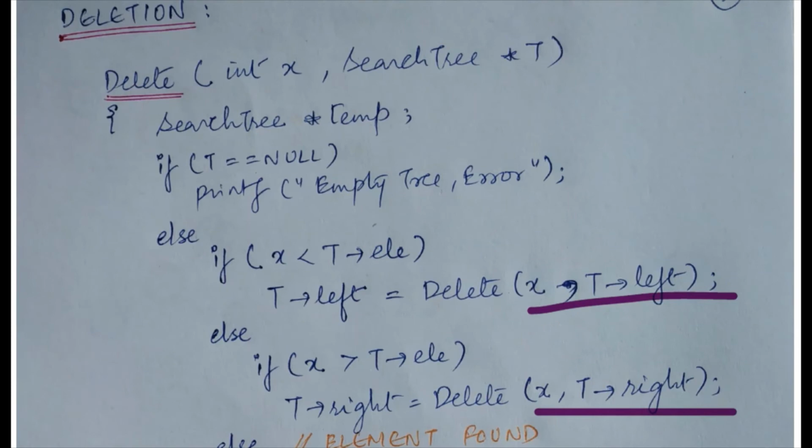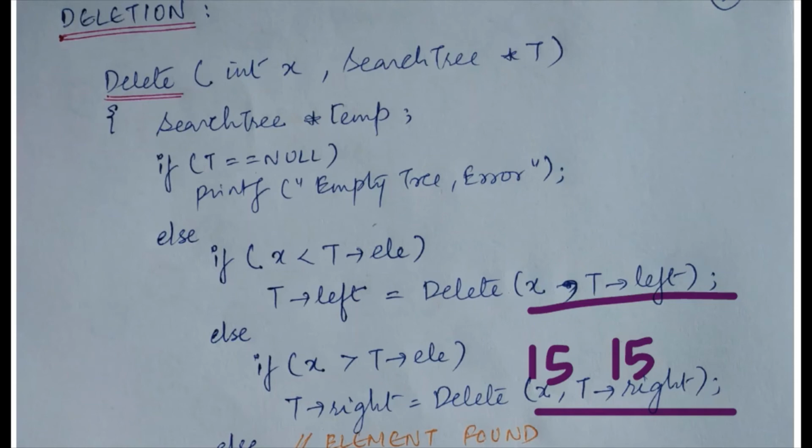It was t to right. So we are calling the subtree which is at 15, and we are calling for deleting 15. So what is this t here? T is your root node 10 and t to right is 15.